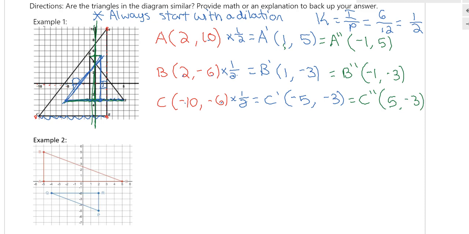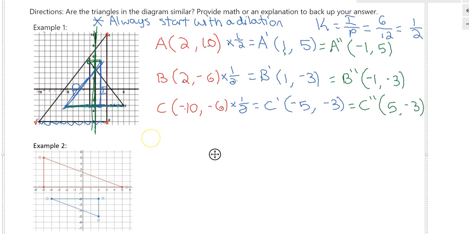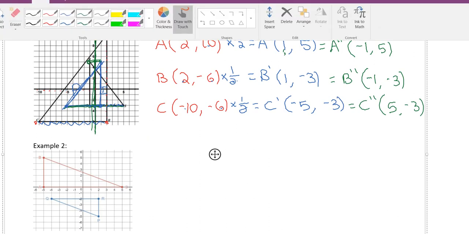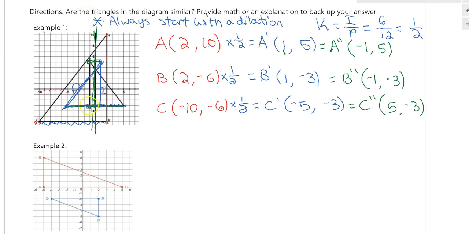Again, you can do it graphically and know, okay, this is 1 away and that's 1 away. Now I have my one triangle directly on top of the other triangle.